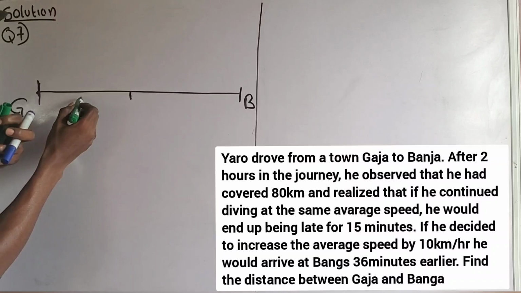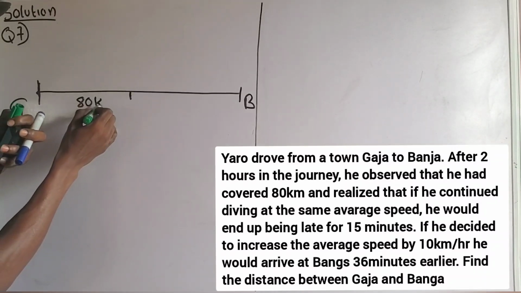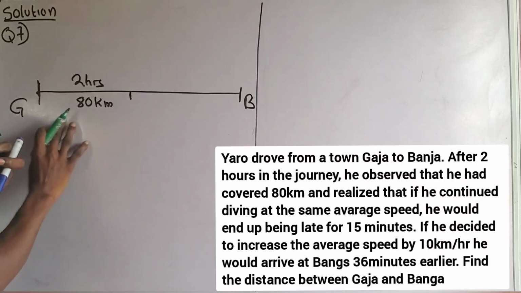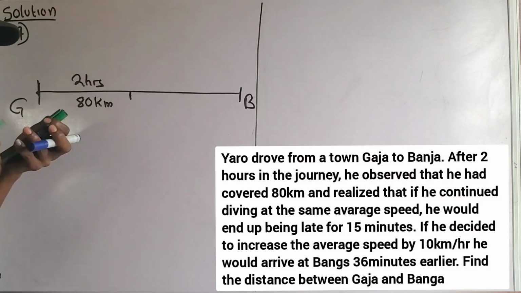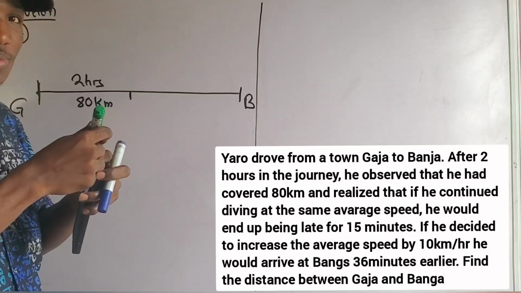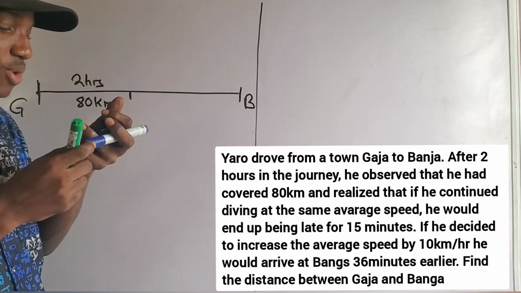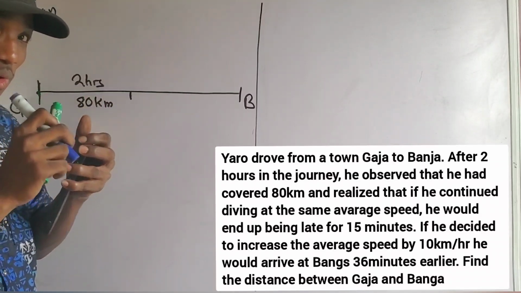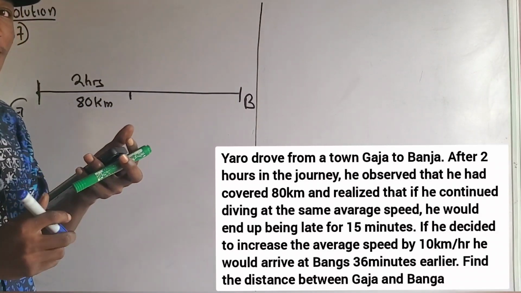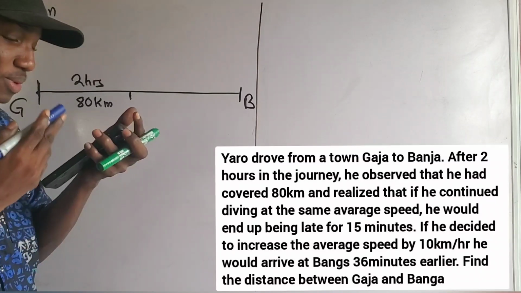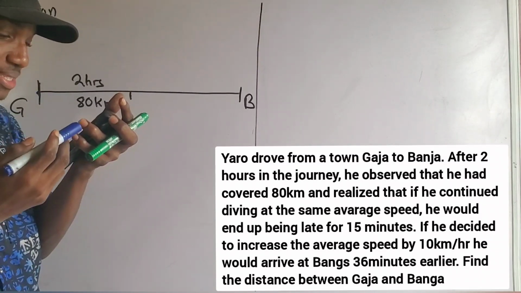Now, he thought to himself that if I continue to drive at this average speed, I'm going to end up being late. That's the first statement. You have to interpret that one. If he continues to drive at this speed, he's going to be late for 15 minutes.